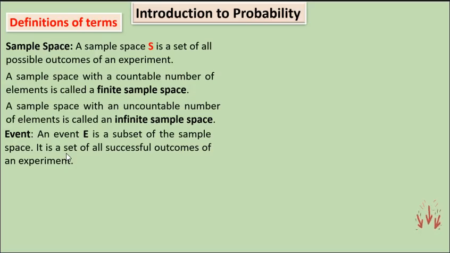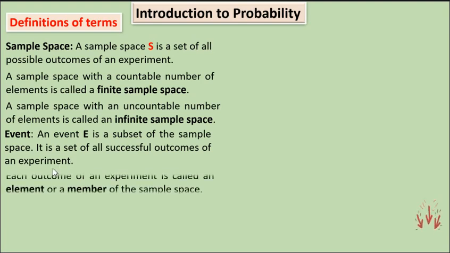What if I'm going to get an even number? Even numbers can be 2, 4, or 6. So they form a subset of the sample space. Now that's an event. An event is a subset of the sample space. It is the set of all successful outcomes of an experiment. Each outcome of an experiment is called an element, a member of the sample space.